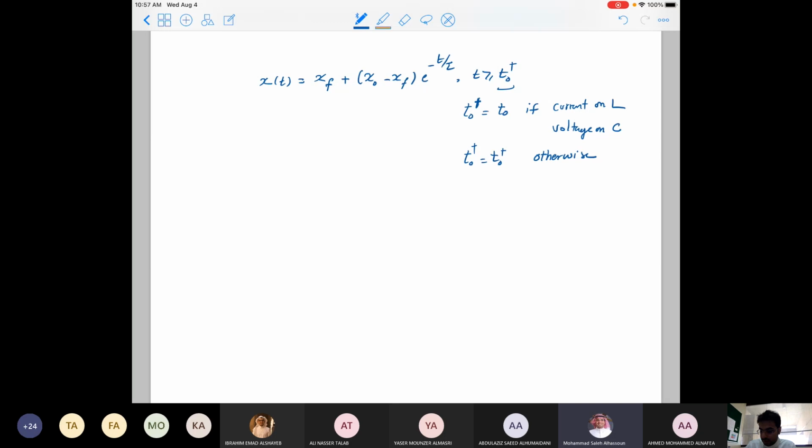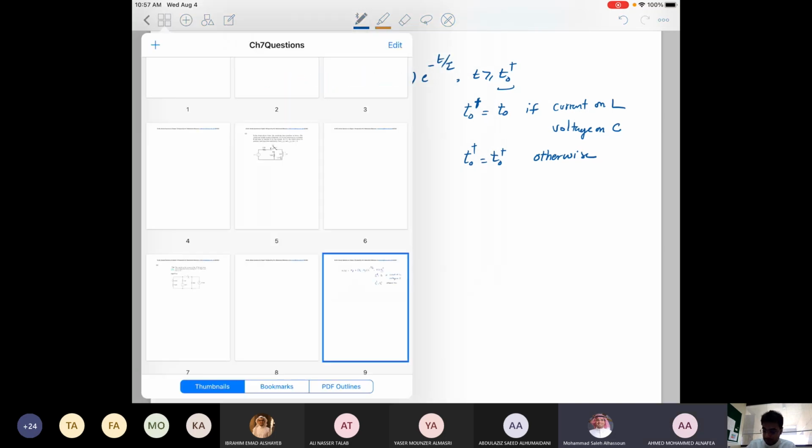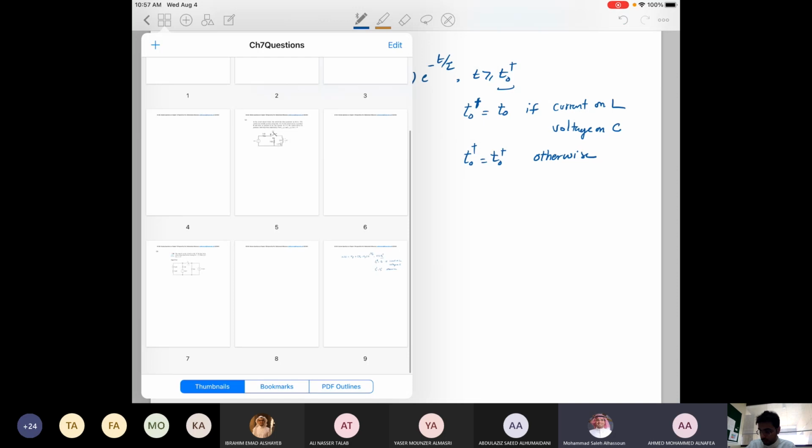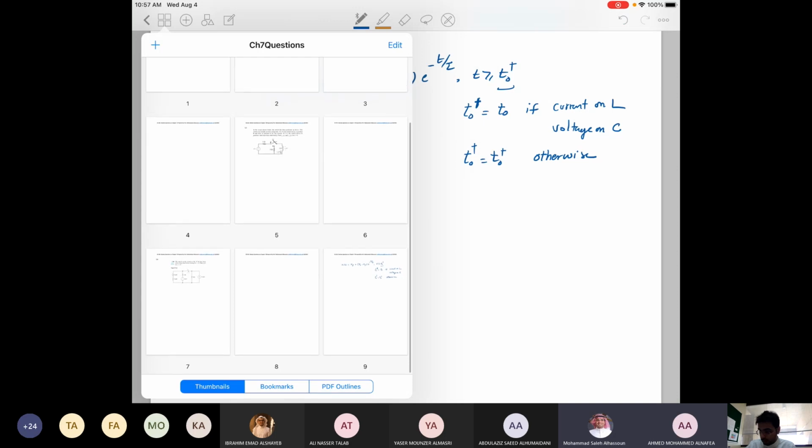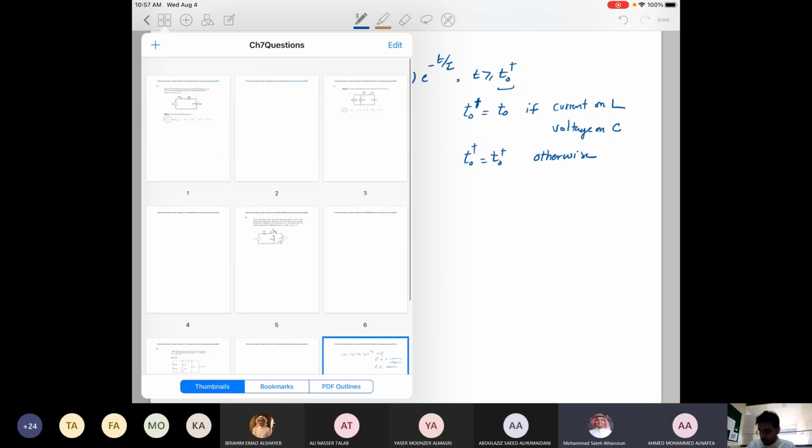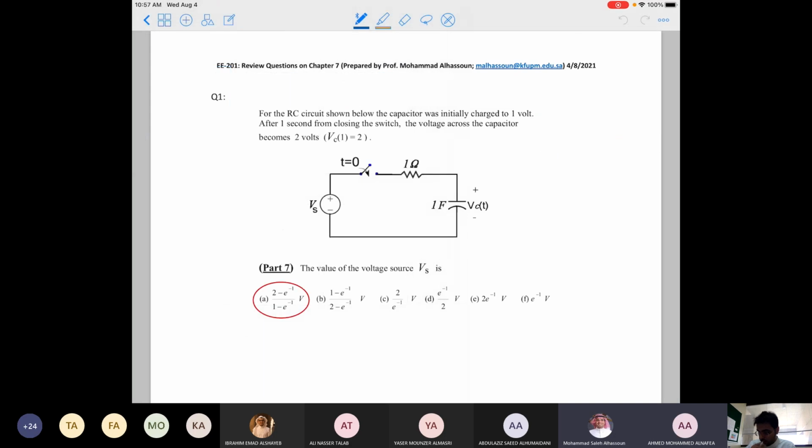Okay, is this clear, Shabab? Ahmed, question? Can the initial natural response be 0? The natural response initial is not 0.